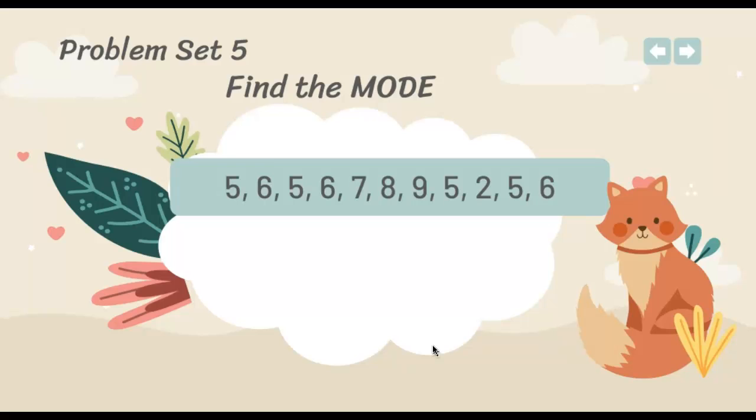This is an easy one. You just have to inspect which one is our mode. If you look at this, 5 appears 1, 2, 3, 4 times, and 6 appears 3 times.